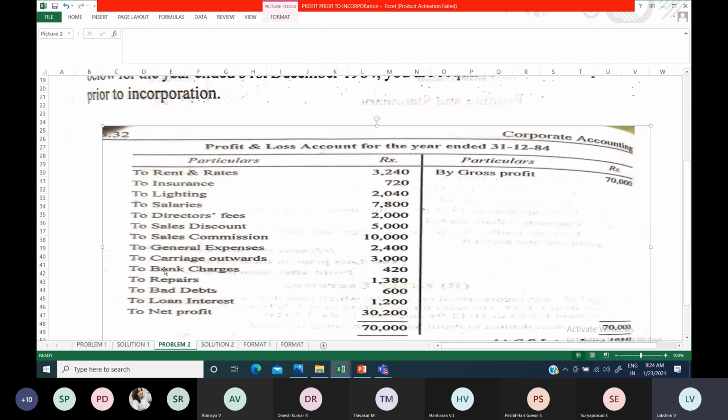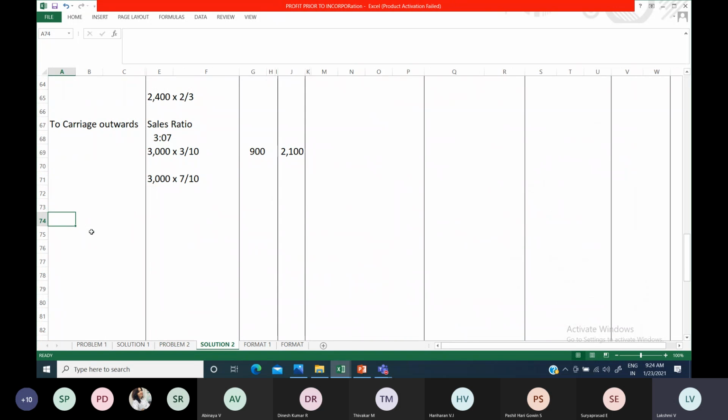Now moving on to the other items. Bank charges 420. This will be done based upon time ratio. So mention here bank charges, time ratio. So 1:2.